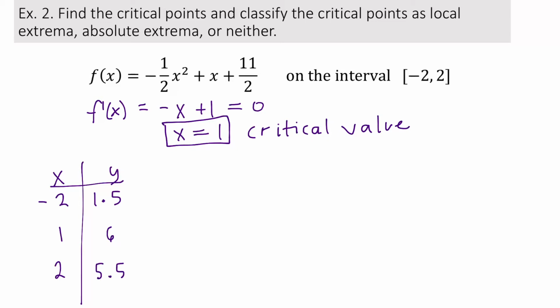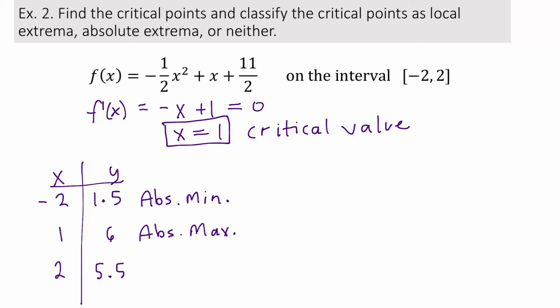So then I look at these values and I classify them. The lowest value is the top one. This will be my absolute minimum. The highest value is the second one. This would be my absolute maximum.